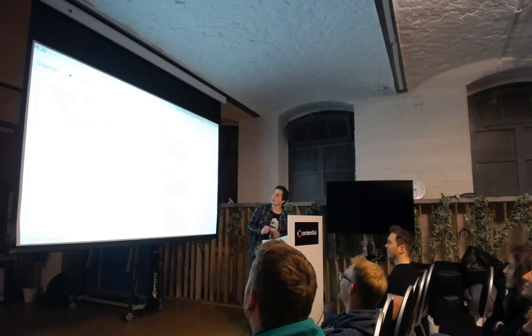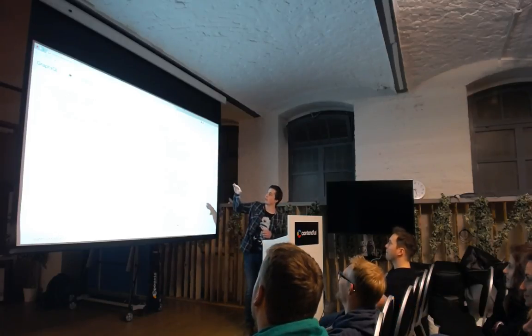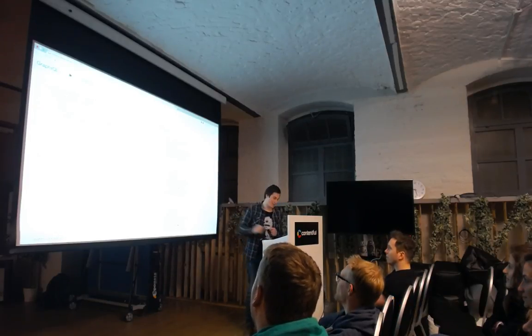Then you can do something like map from character to print this typing.